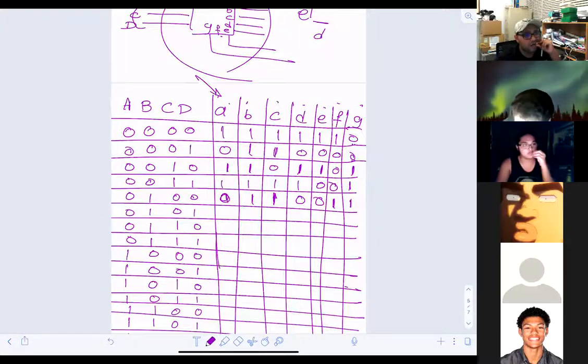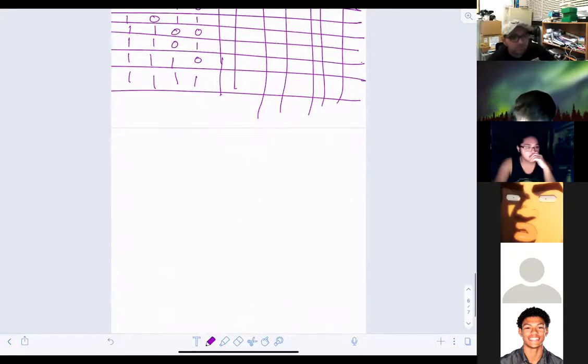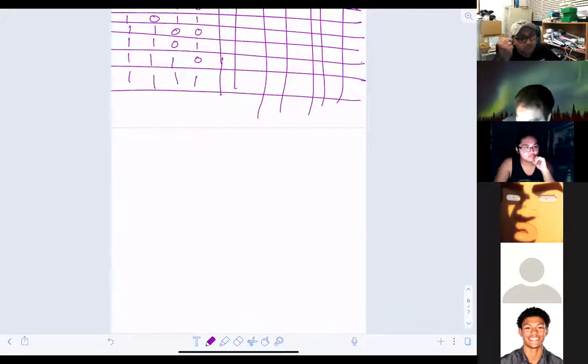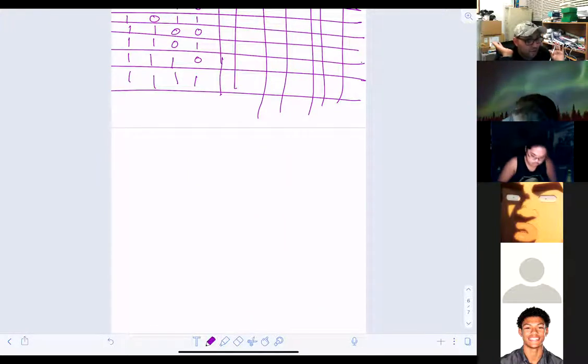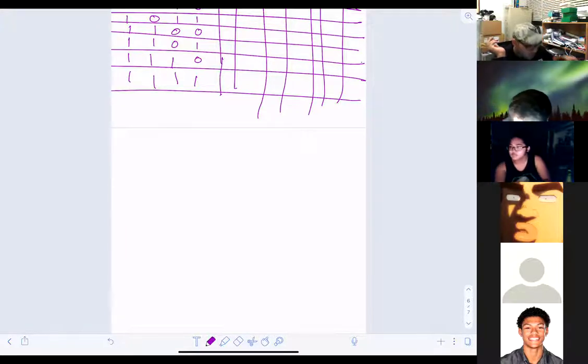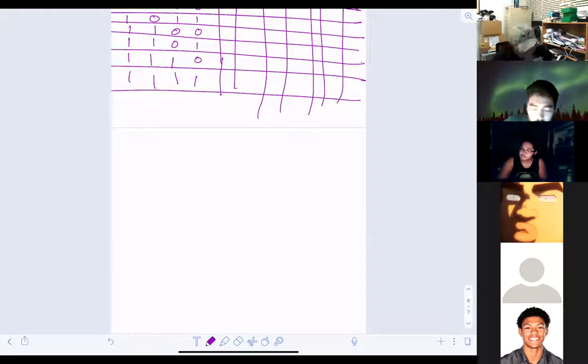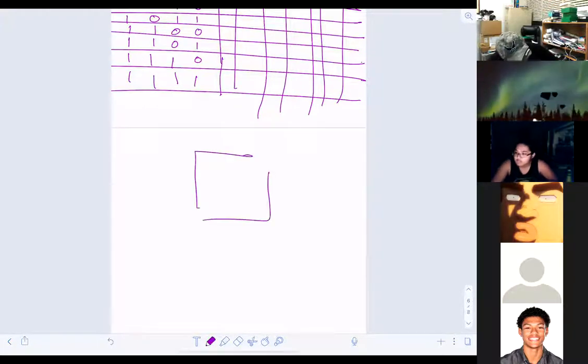Now, if somebody tells you, can you build for me a 2-bit comparator? We did that before. Do you remember? We did it with gate level implementation. So how does a 2-bit comparator look like?